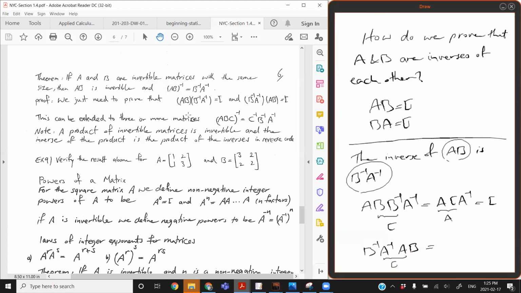This middle thing is going to be I. So I have B inverse times IB. This part is going to be just B. So I have B inverse times B, which is going to be I. Make sense?